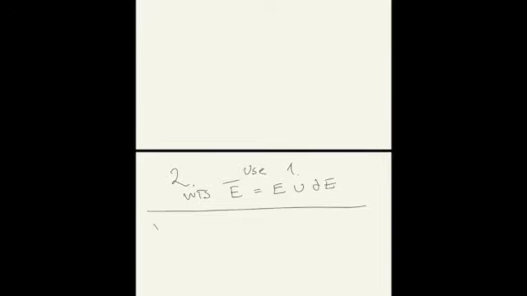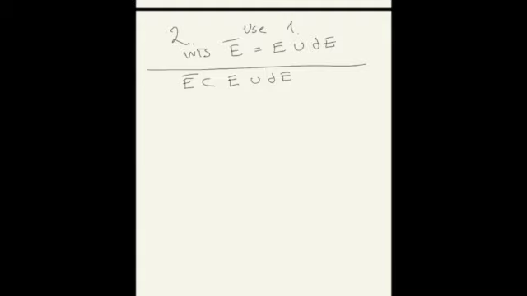So, well, we have to show 2 things, that E bar is contained in E union boundary of E, and then the converse, that E union boundary of E is contained in E bar.